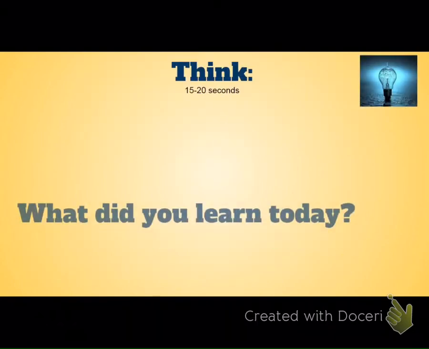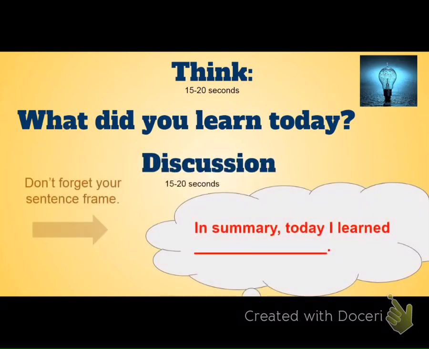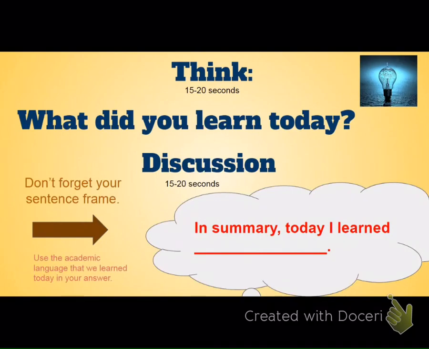So let's go ahead and take a look at our final slide here. Let's think about what we learned today. Take a moment, think about that. So what have we discussed today? So we talked about modeling, how we can use decimals kind of like money, like dimes and pennies and dollar bills. We can use that as a guide to help us understand the concept of what the numbers represent.